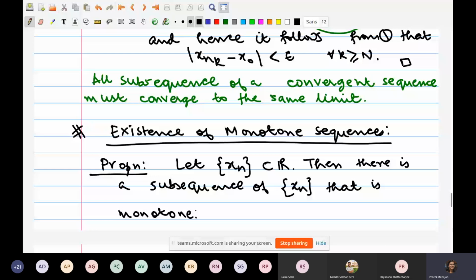I am not saying that every real sequence is monotone. It may not be monotonically increasing, need not be monotonically decreasing, but it necessarily has a subsequence that is monotone. That's what this is saying. Is this okay with everybody present here?